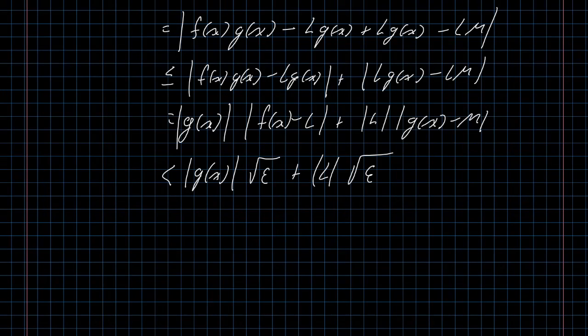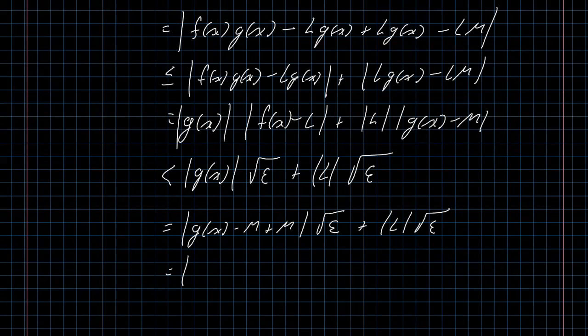So we can mess around again using that trick of adding something that doesn't exist. This is the same thing as g(x) - M + M. And we can split that up.